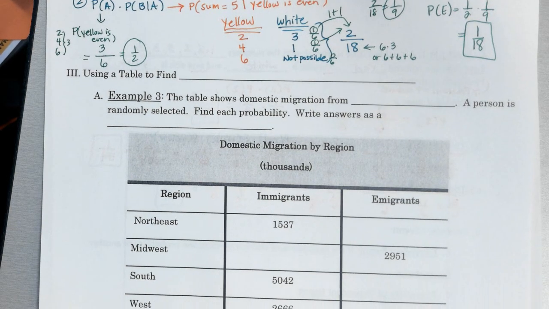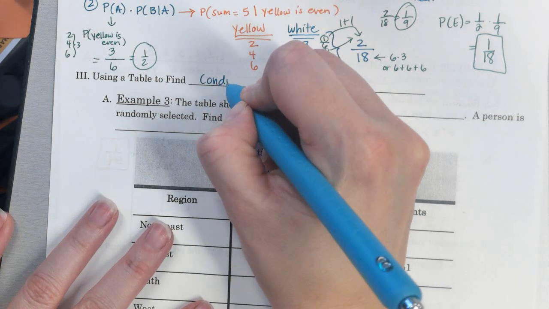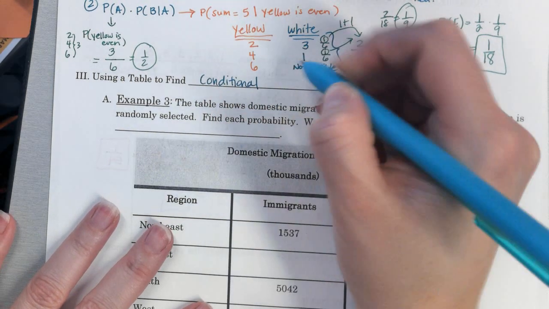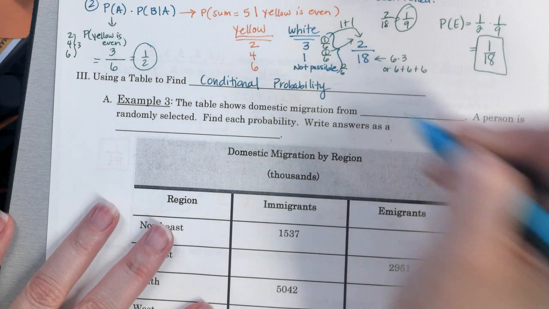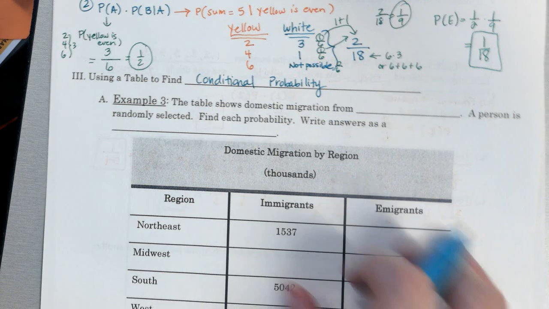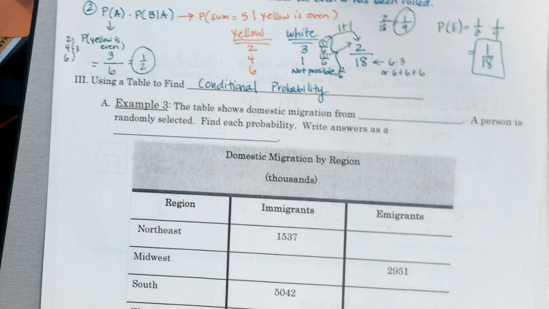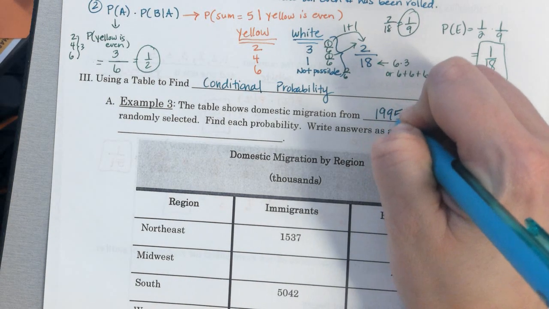All right, now we are going to go to using a table, and when you are using a table, you're going to find what's called conditional probability. And it is just based on certain conditions. So the example that we're going to look at, you have a table that shows the domestic migration from the years 1995 to 2000.